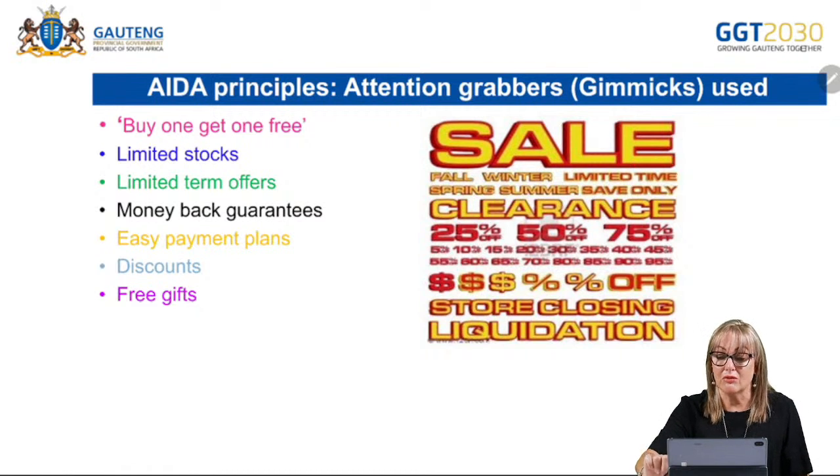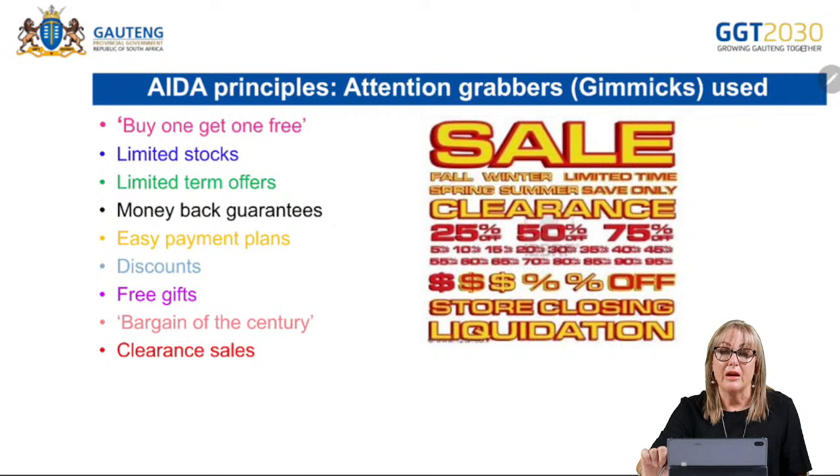It's an attention grabber. And then they use this one. Bargain of the century. Oh my word, a century is 100 years. So it's the best bargain in 100 years. That's going to be awesome. Then you feel, I need that product. Clearance sales.